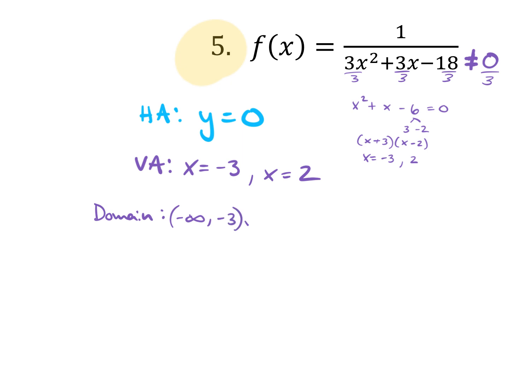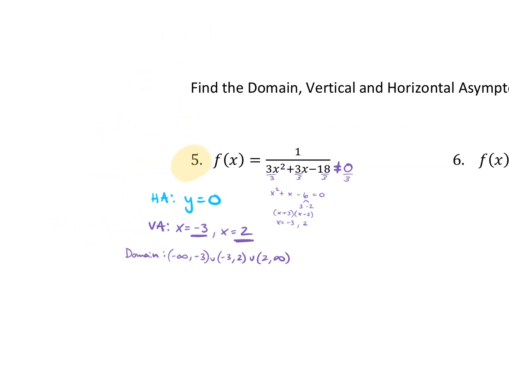Negative infinity to negative 3, negative 3 to 2, and 2 to infinity. Awesome. So it's going to be the same numbers from your vertical asymptote. You just have to write it in interval notation. So make sure you practice this.